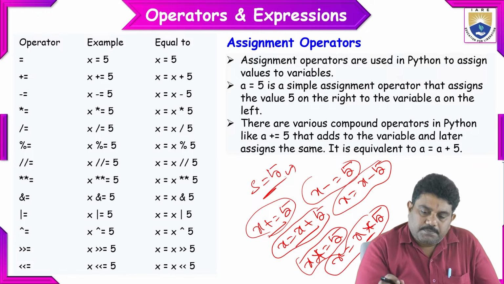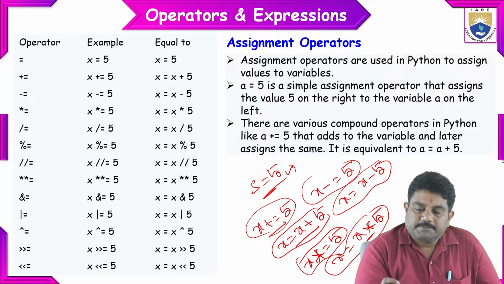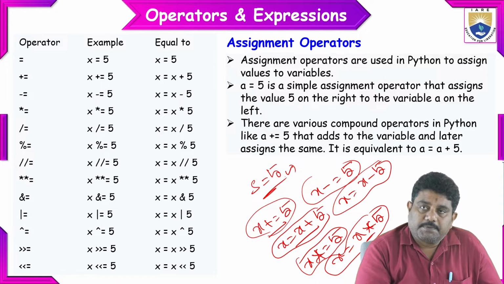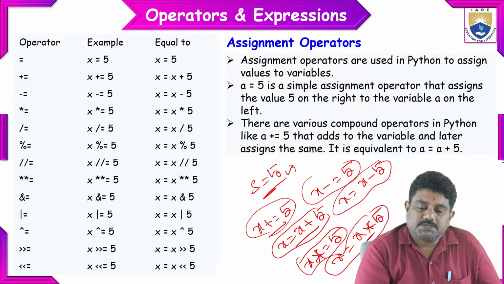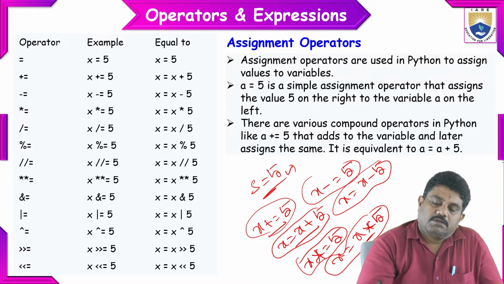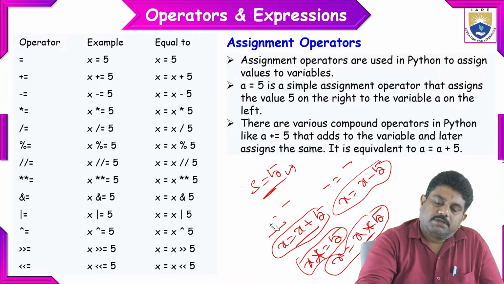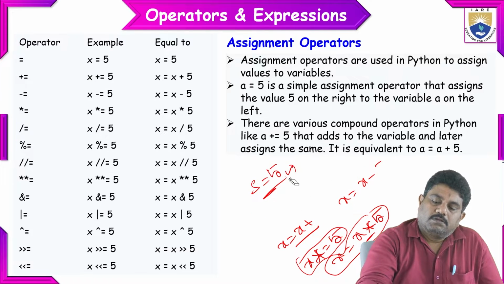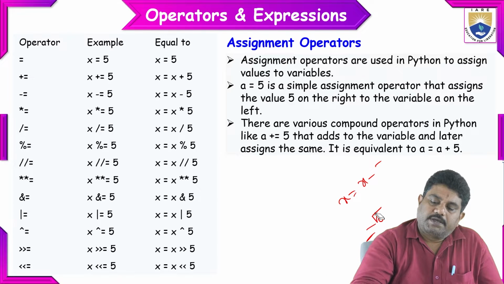Yeah, there is an important and performance oriented reason for this. So to improve the performance while representing such a type of expressions, we use the shorthand operators. X plus equal to 5. See, with the example, I will explain you the reason. If there is no shorthand operators, what happened?